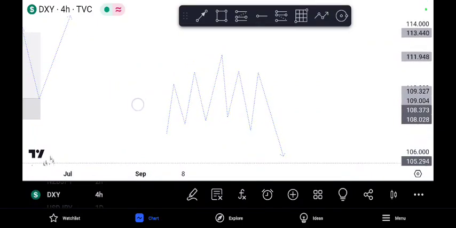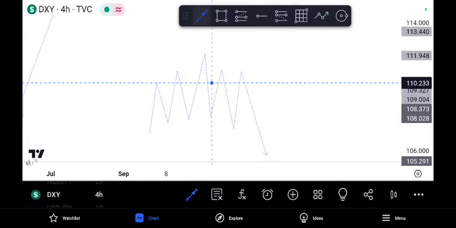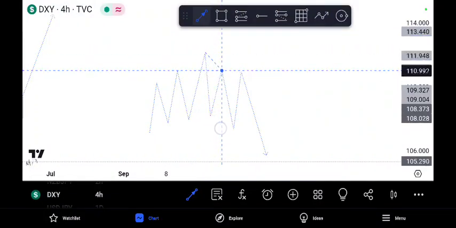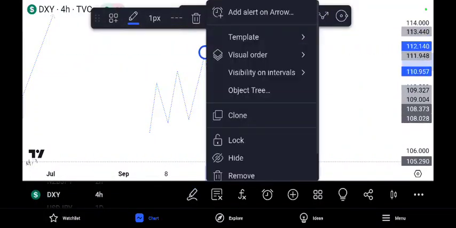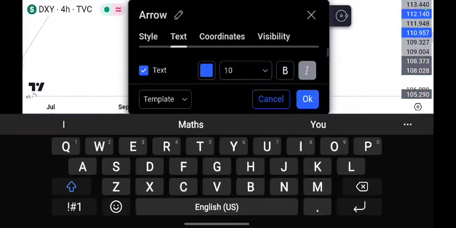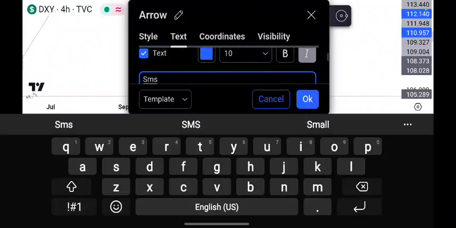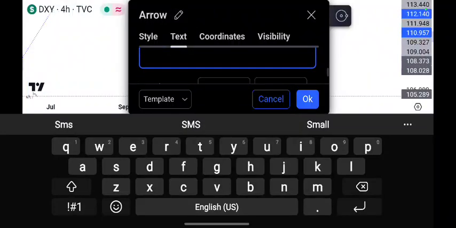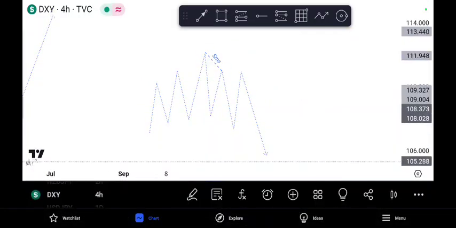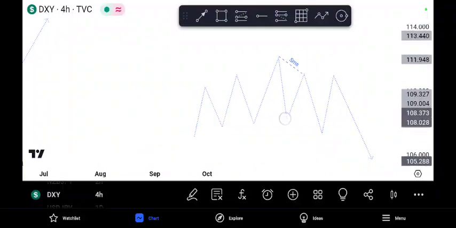When the market changes swing, it's called the swing failure, at the top.